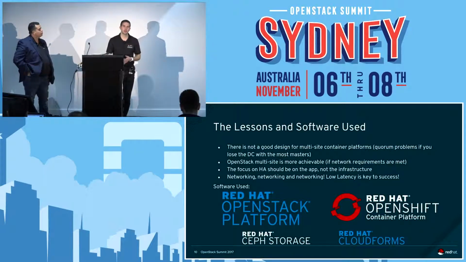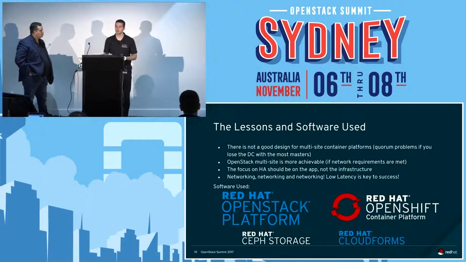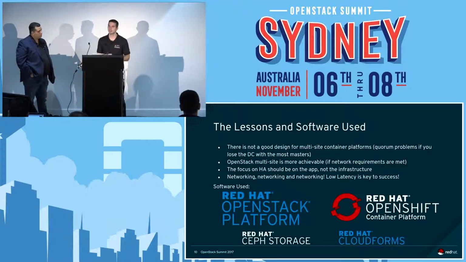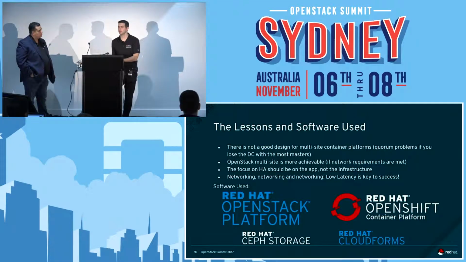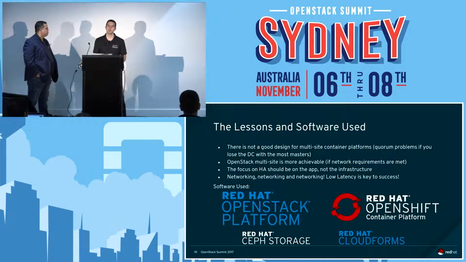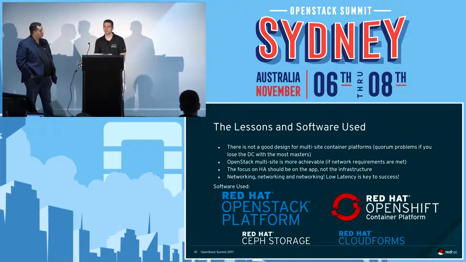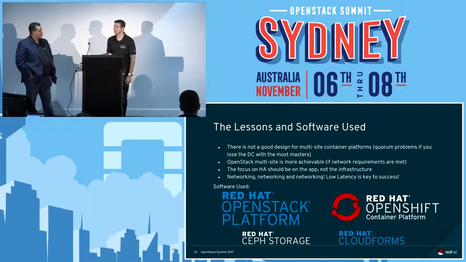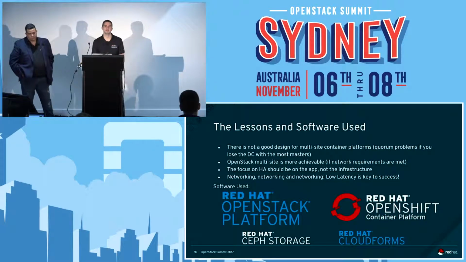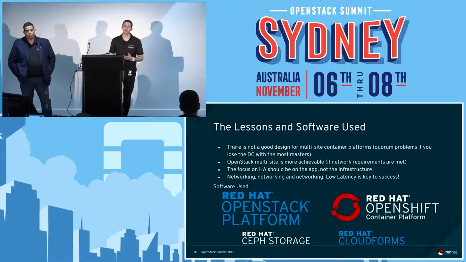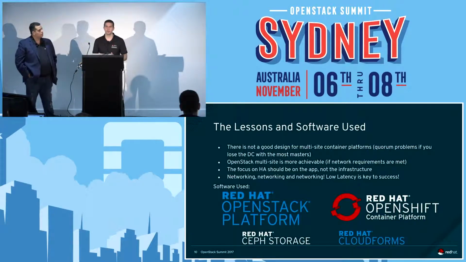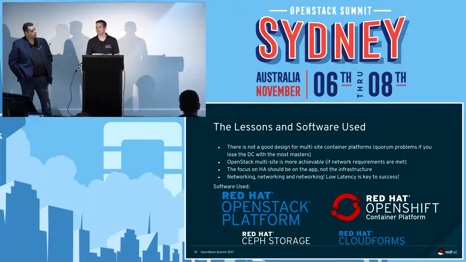When you're thinking about your applications, it's so important to think about high availability for your application. Obviously it's important for your infrastructure, but really you should be going with the mindset of how do I make my application highly available? And then, as we can't stress enough, networking and making sure that you have low latency to ensure proper communication between multiple sites.